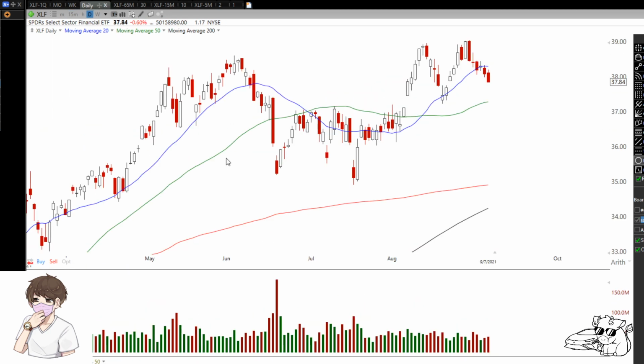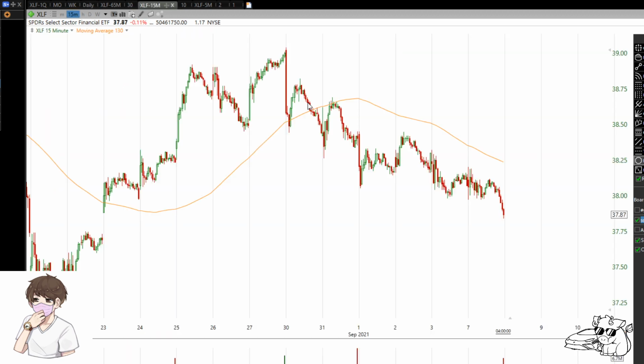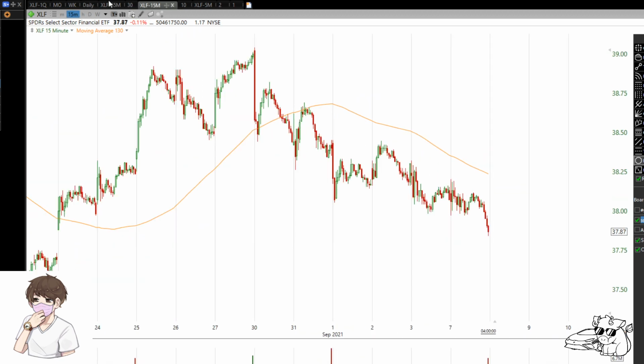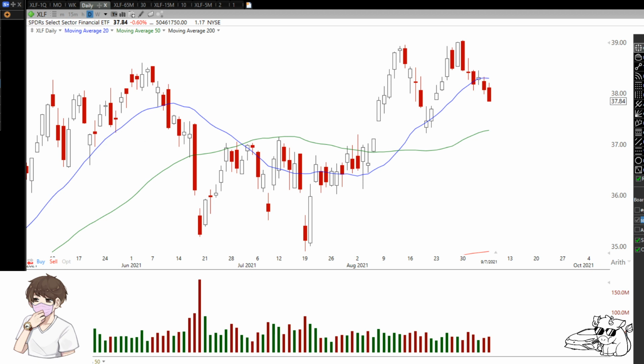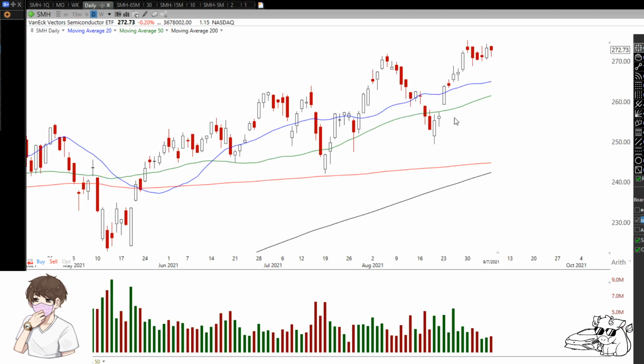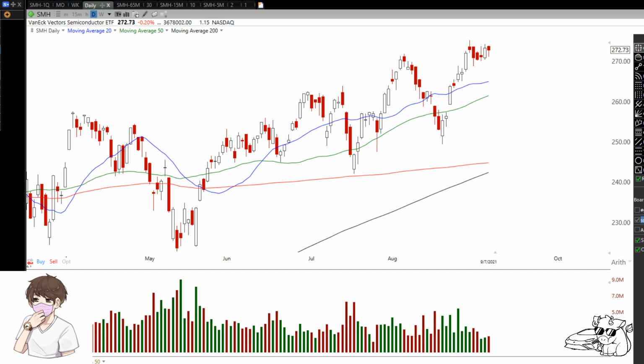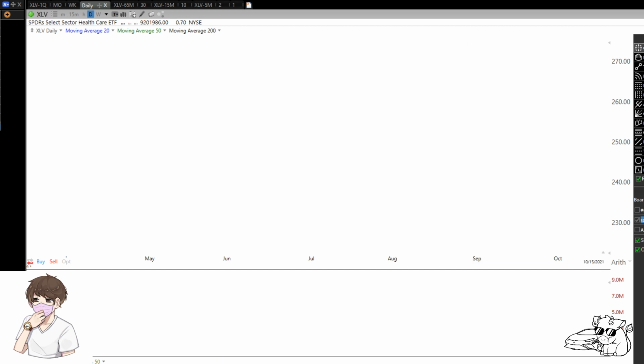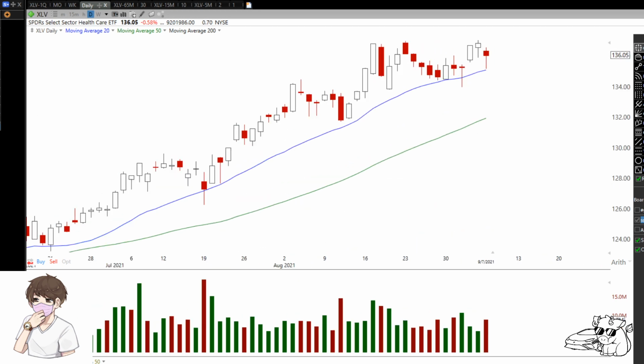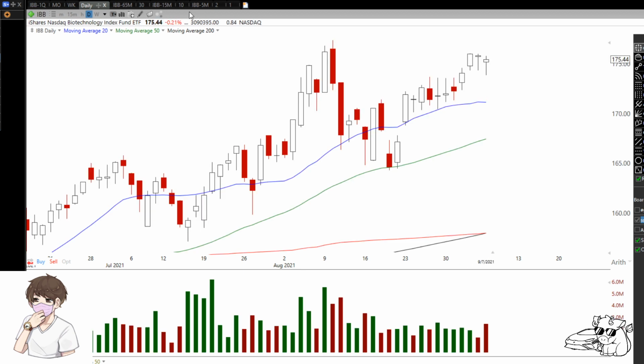And then XLF, the financials, opened weak, closed weak. That's it. By looking at these, you realize that the semiconductors are neutral, and the healthcare and the biotechs are strong and neutral.